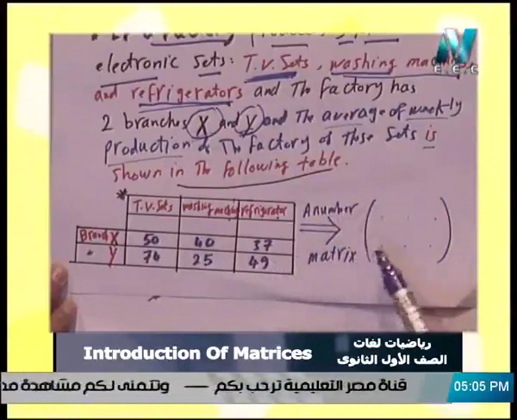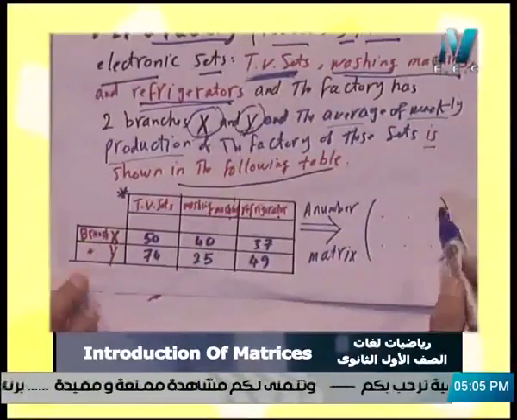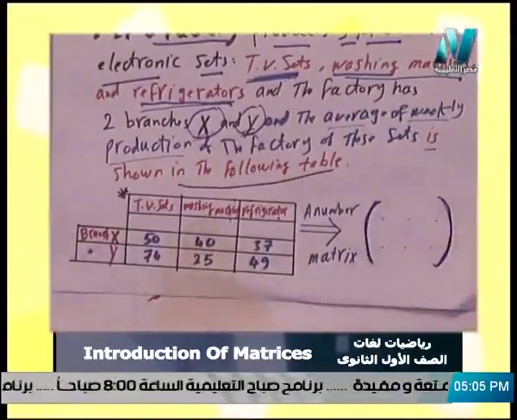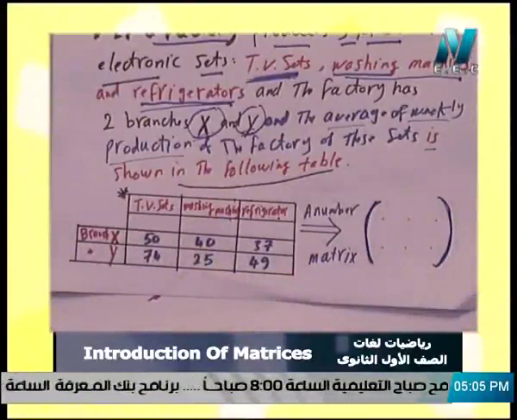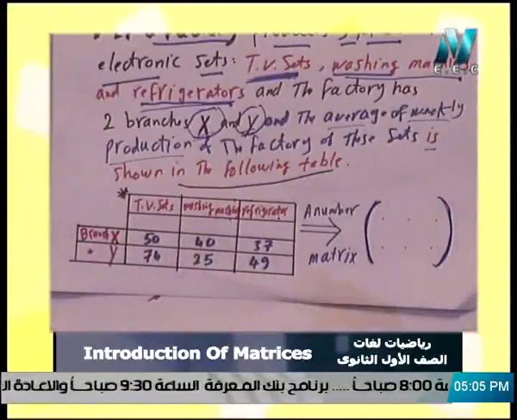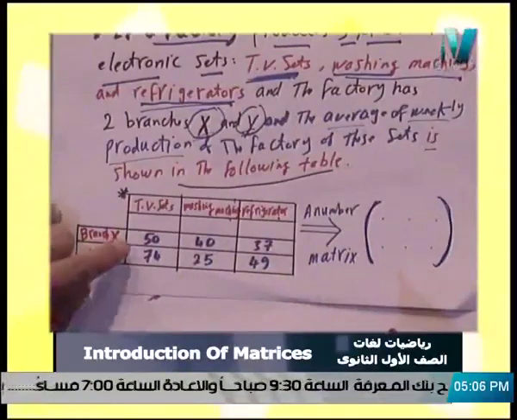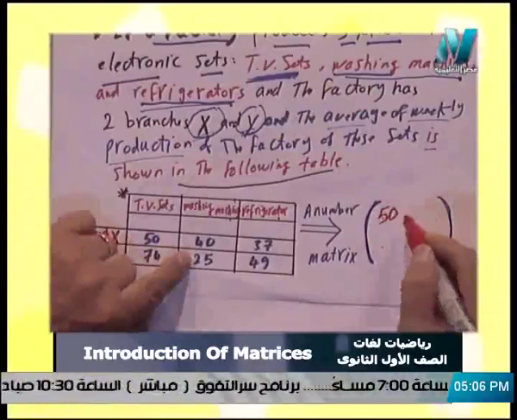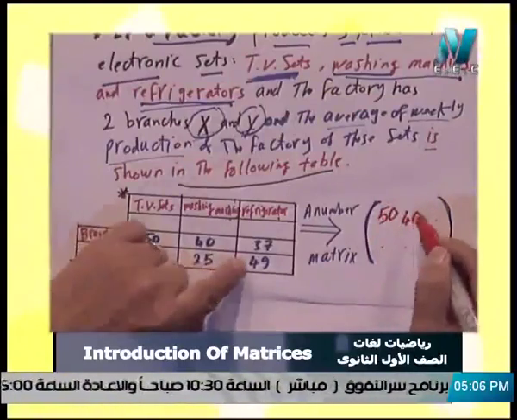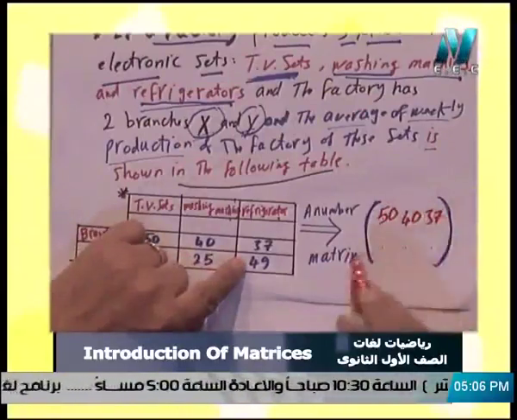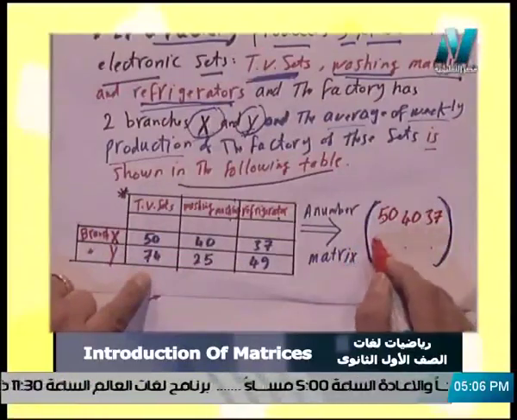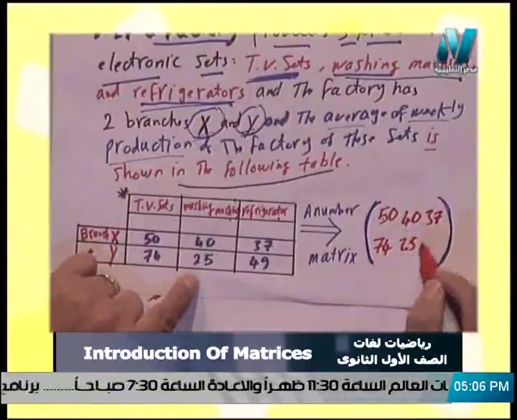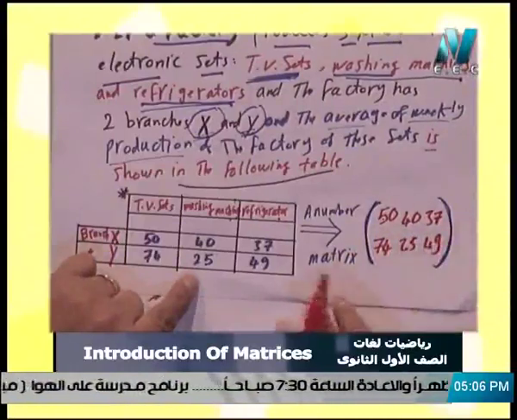We have here a matrix. We have 2 parentheses here, like that. And we will write these numbers as follows. Here 50, 40, and 37. Here 74, 25, and 49.